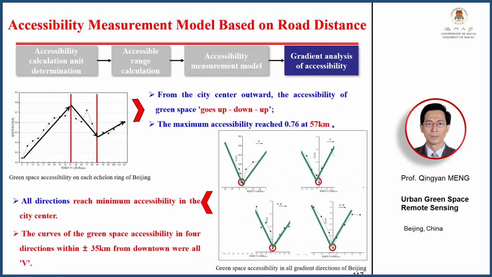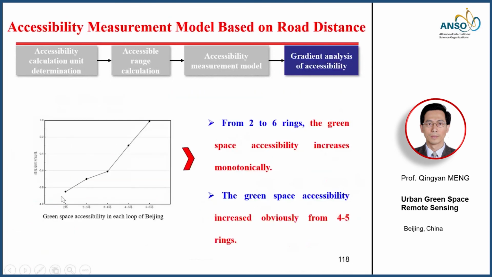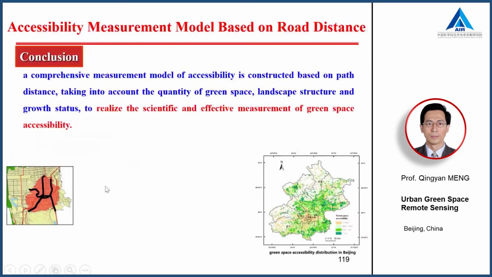The curve of the green space accessibility in the 4 directions, you see from this range, is shaped like a V. From the 2nd to 6th ring, the green space accessibility increased monotonically, and increased obviously from the 4th to 5th rings.